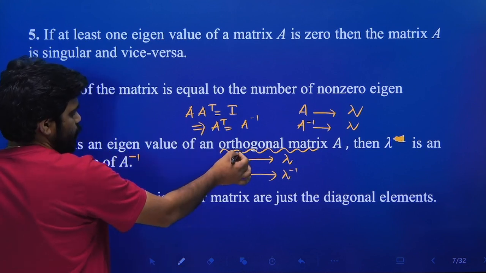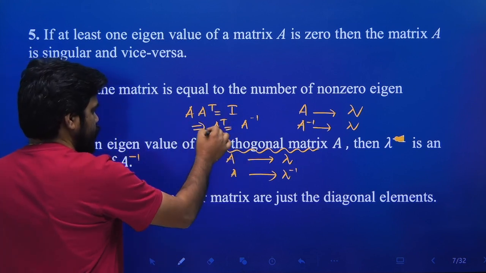Since it is an orthogonal matrix, A into A transpose is equal to I, so A transpose is equal to A inverse.